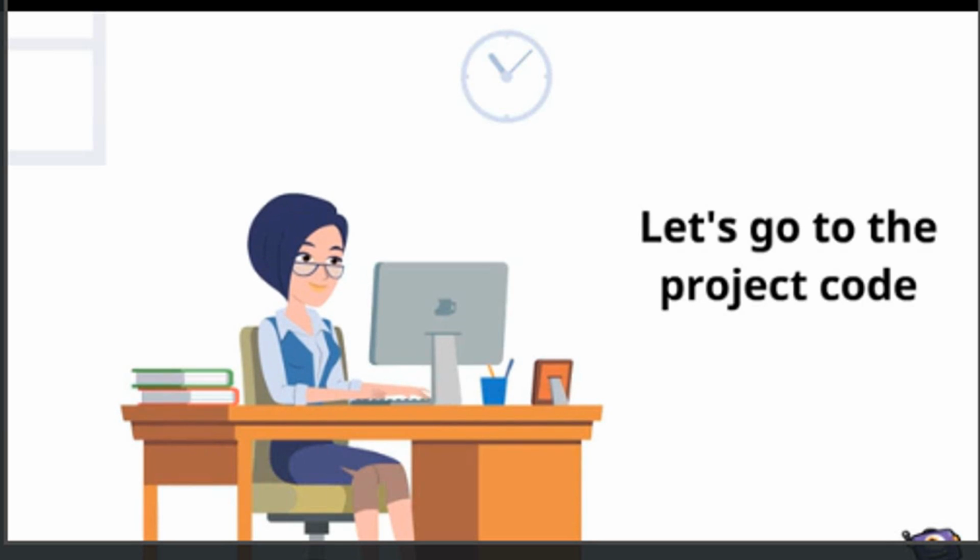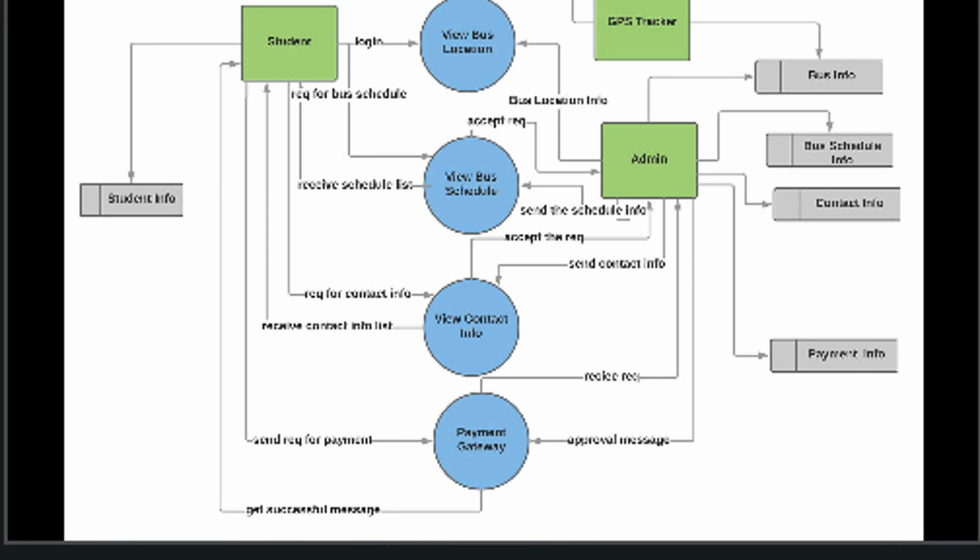Let's go to the project code and view how it works. This one is the data flow diagram, where I describe all the data. There are four elements: view bus location, view bus schedule, view contact info, and the database are shown here.